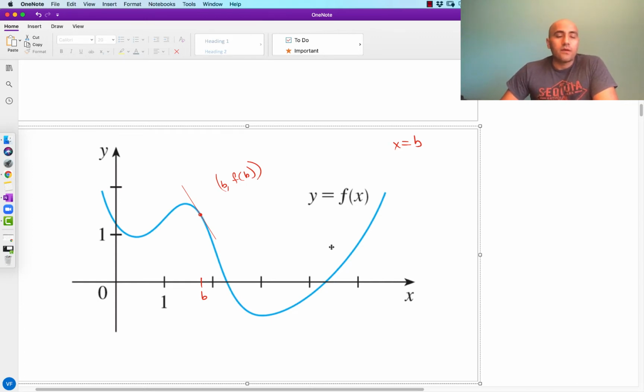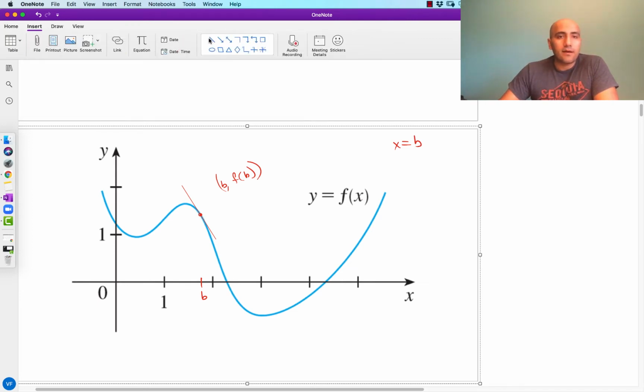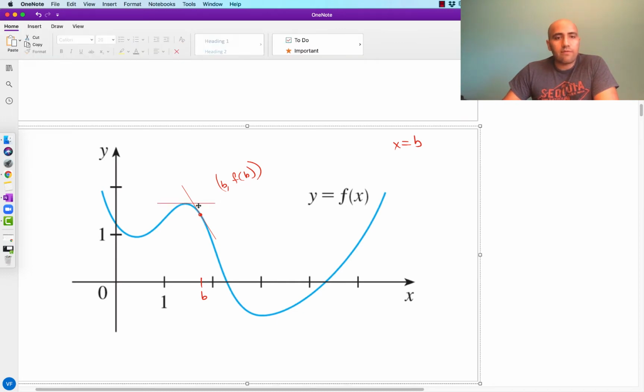So first of all, the easiest thing we can think about is, when will it be 0? Remember that the slope of a horizontal line is 0. So if I think about those tangent lines, hopefully it's clear that somewhere around here, somewhere around there, we're going to have a slope of 0.